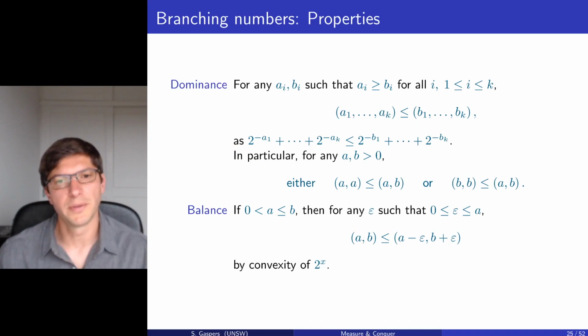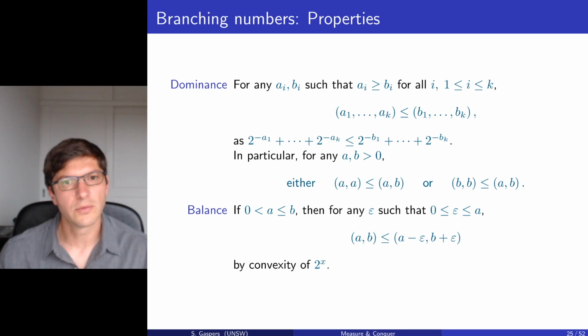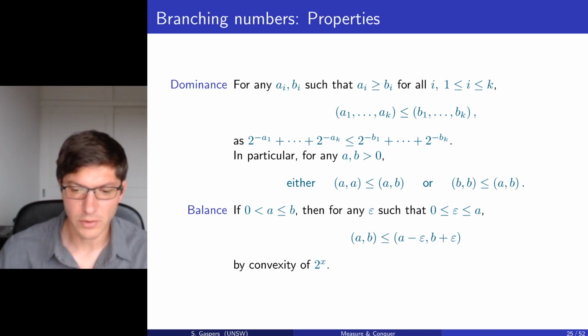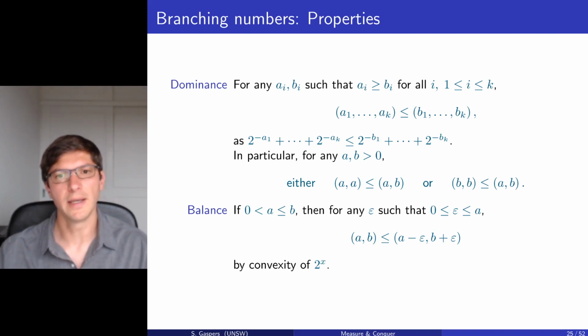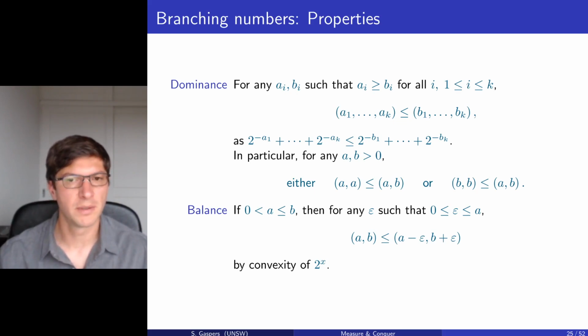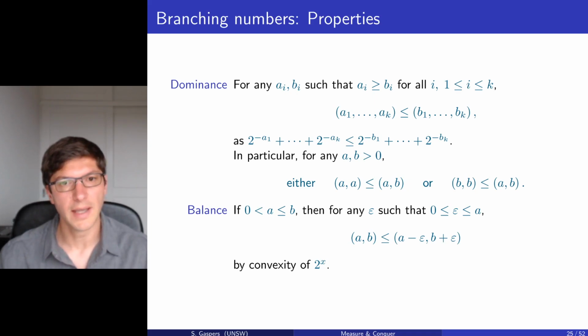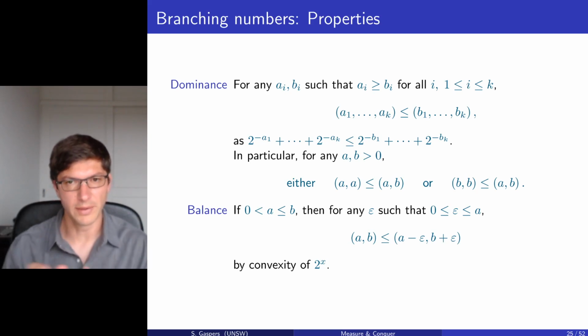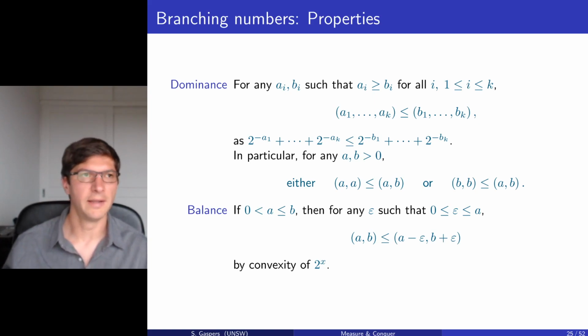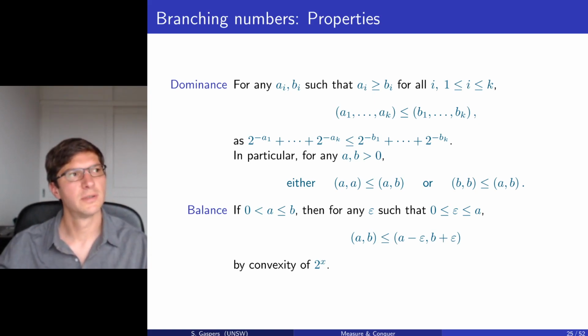We will look at some properties of these branching numbers. Suppose we have a branching number corresponding to the vector a1 to ak, and another branching number that corresponds to the vector b1 to bk, and assume that the a's are at least as large as the b's. So we have the same number of branches, and in each branch the a is at least as large as the corresponding b.